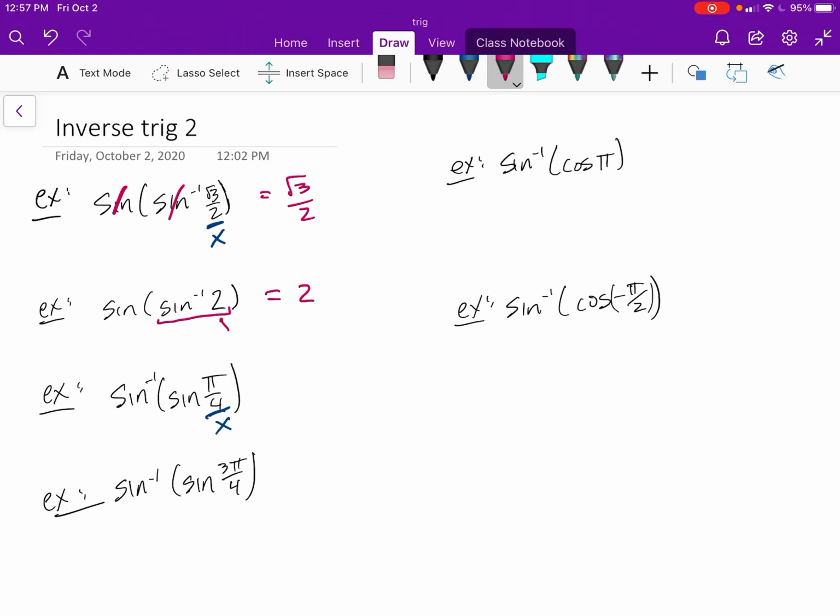The parentheses here is the problem. We cannot do that. So this doesn't have a solution. That in fact is false. And therefore, we can cancel only when x is between -1 and 1.